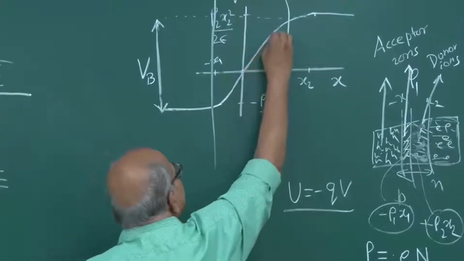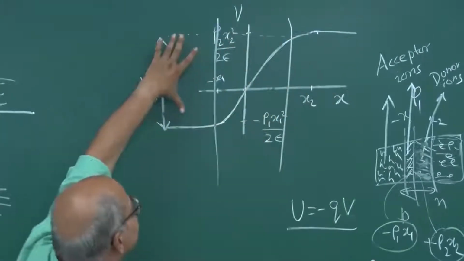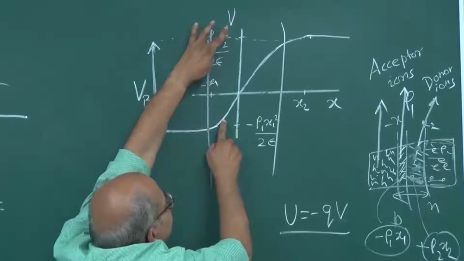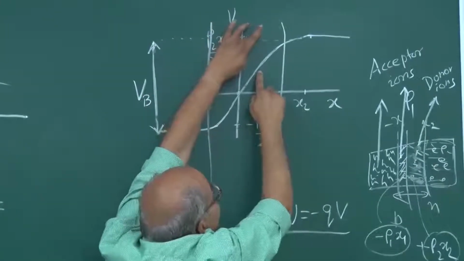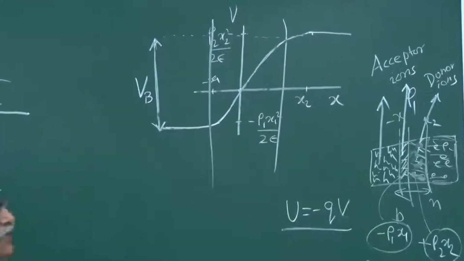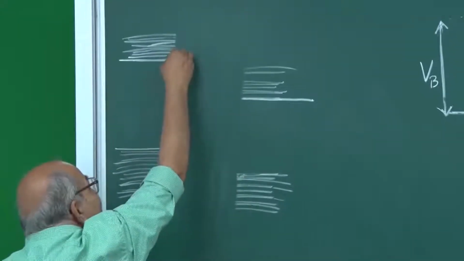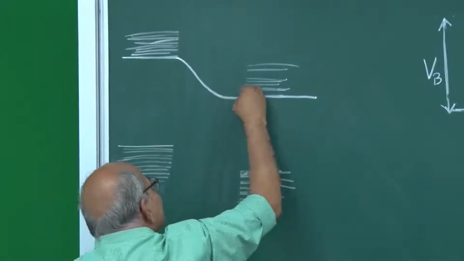That shift gradually decreases. So if I take this as the reference, the shift is this much here, this much here, this much here, this much here, this much here, and this much here. All right. So gradually it will come and join here, like this.